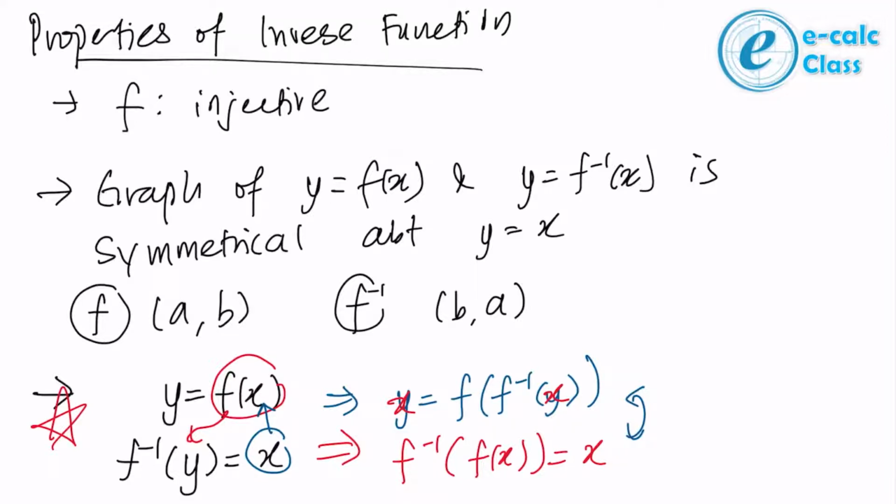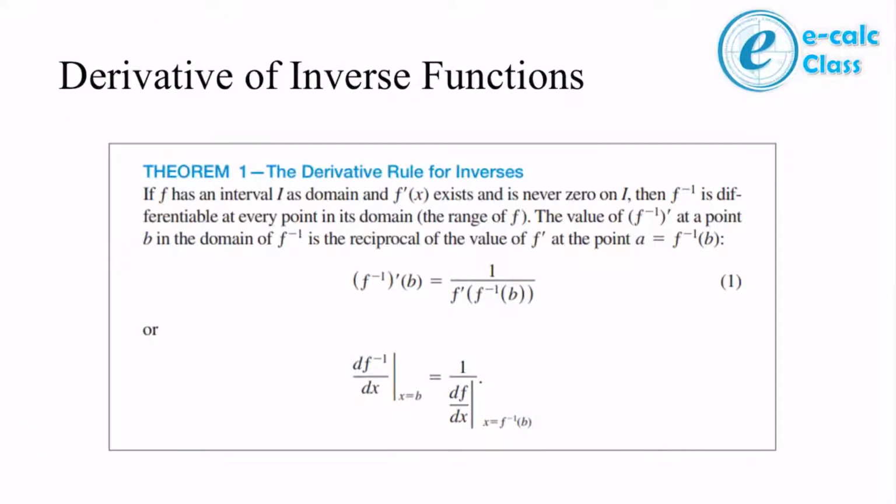Okay, then now we'll start with the derivatives of inverse function. So one look at the theorem and say, oh my god, so complicated. f inverse prime of b equals 1 over f prime of f inverse of b. Actually, don't worry. This one means you find the value of f inverse of b, then you put it into the derivatives of f.